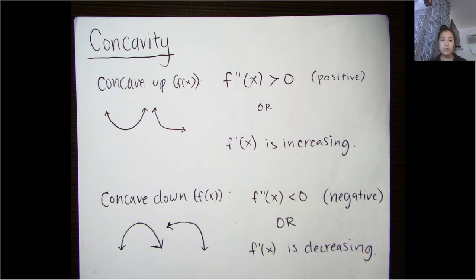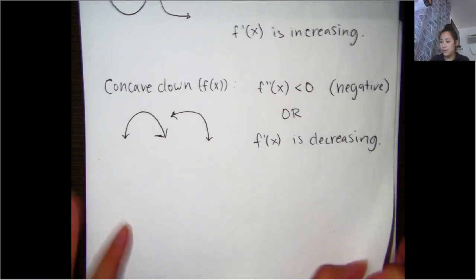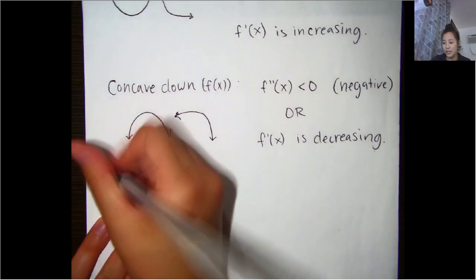Okay, with that being said, we'll go ahead and do an example. I will show you how to find where a function is concave up or concave down. Our example is a cubic function.